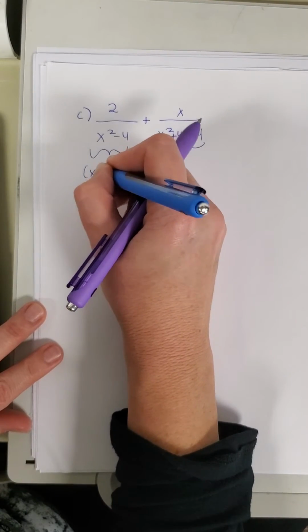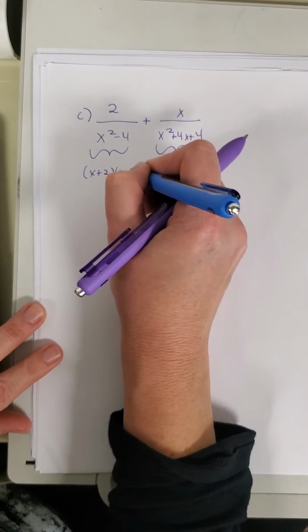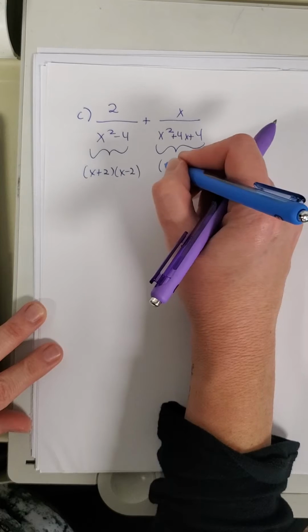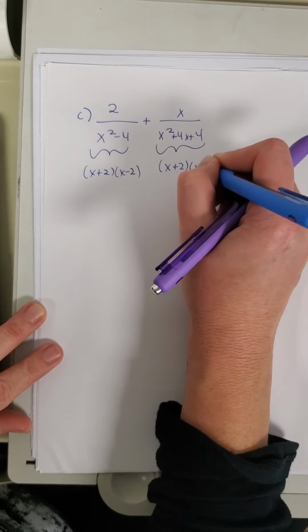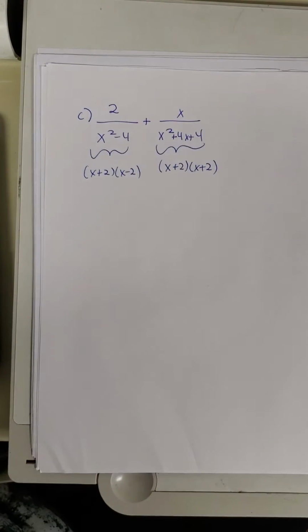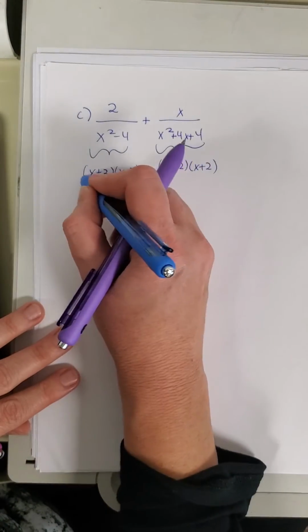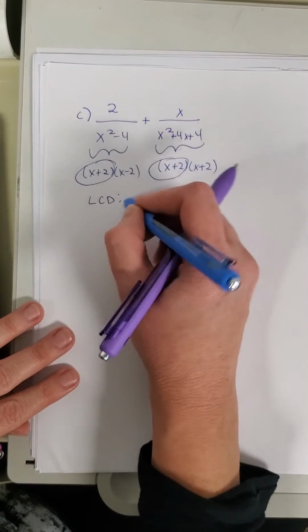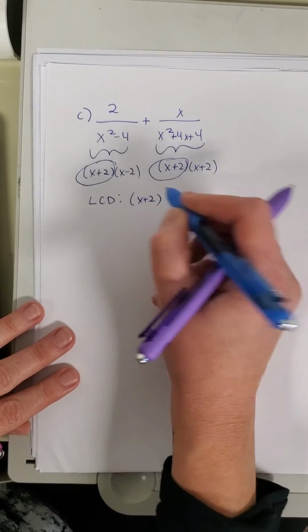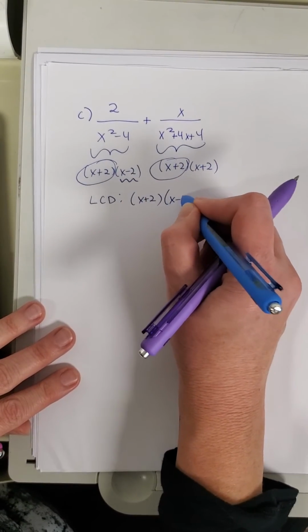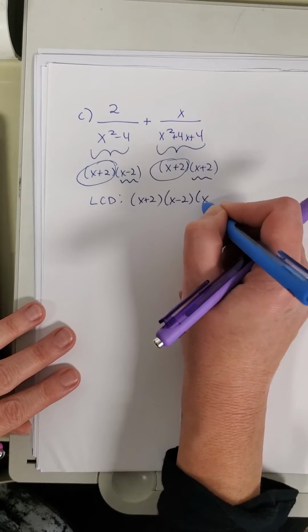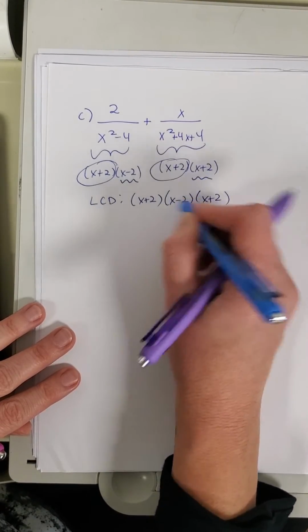So this is x plus 2, x minus 2, and this factors as x plus 2, x plus 2. So our LCD is, we're going to circle the common factors, which is x plus 2, and then we also need an x minus 2 and an x plus 2. So any missing factors need to be written.